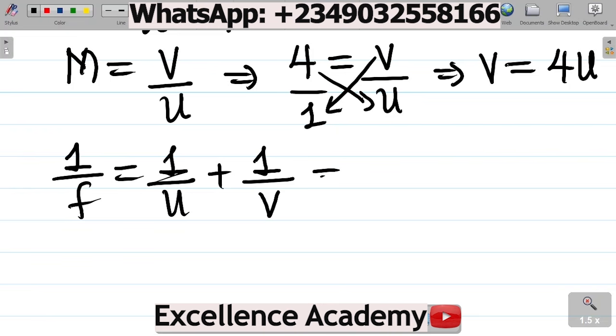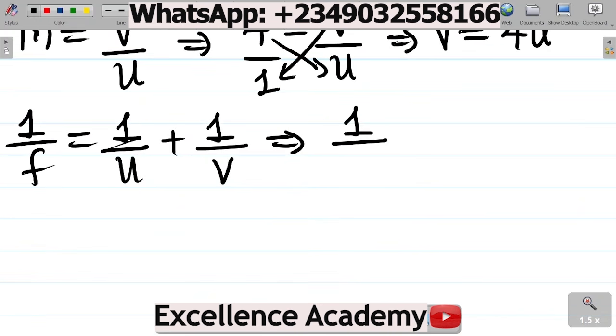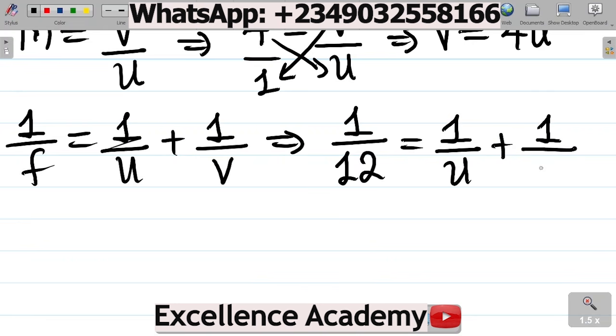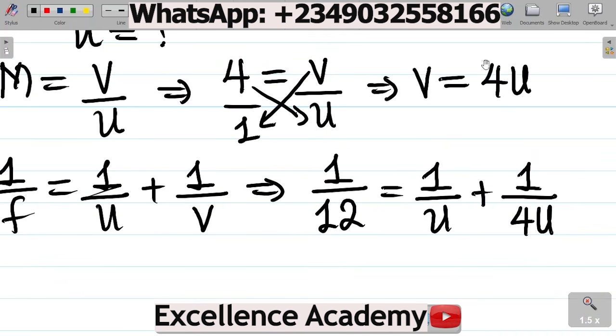The value of f is 12 cm, so 1 over 12 is equal to 1 over u plus 1 over v. The value of v is 4u, so we're going to replace v here by 4u as we had here.